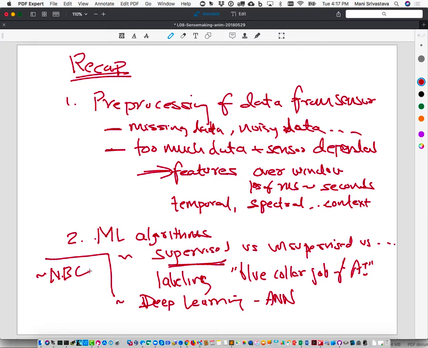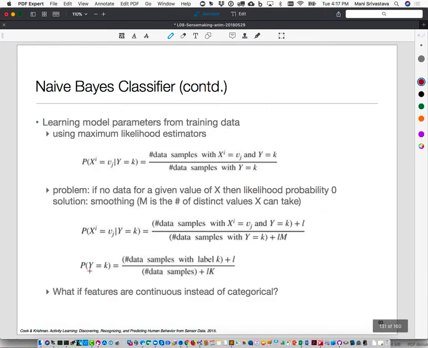What I want to do is to go over some additional details about the Naive Bayes classifier.